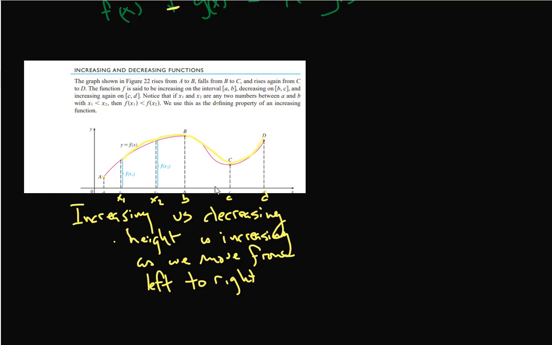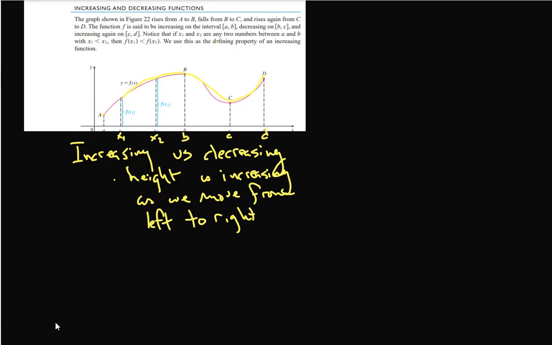So how can we write this in a more mathematical way, using fewer words and more symbols? We said this is increasing, which means that the height is increasing. How can we write that? It seems like such an obvious thing to do, but to actually write it out is a little bit tricky.